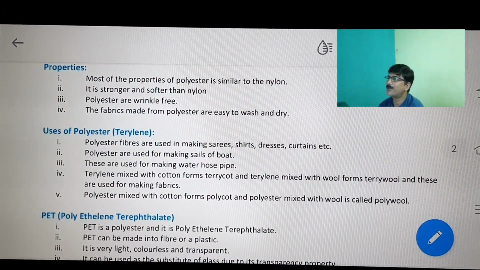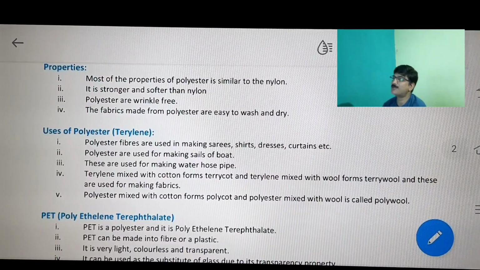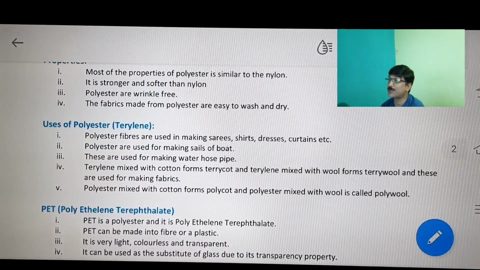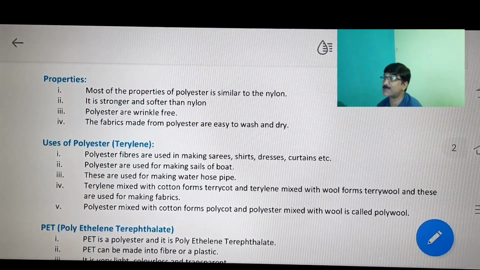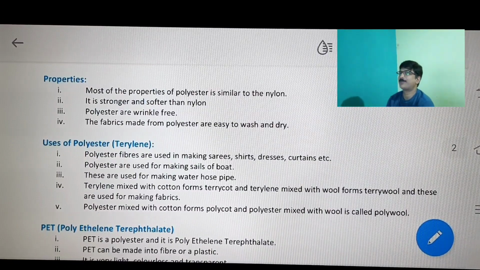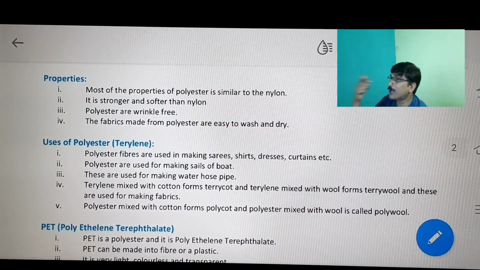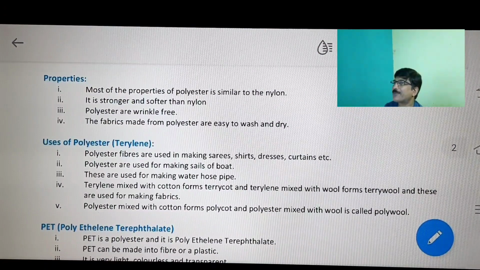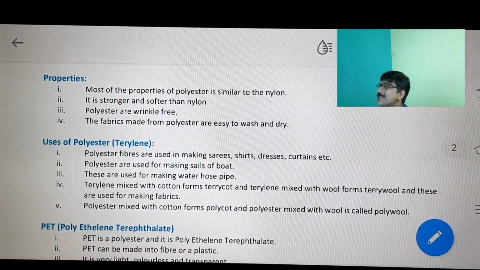It cannot absorb more water, so it can easily dry. So these are the important properties of the polyester for which it is widely accepted, for which it is most popular among the people.